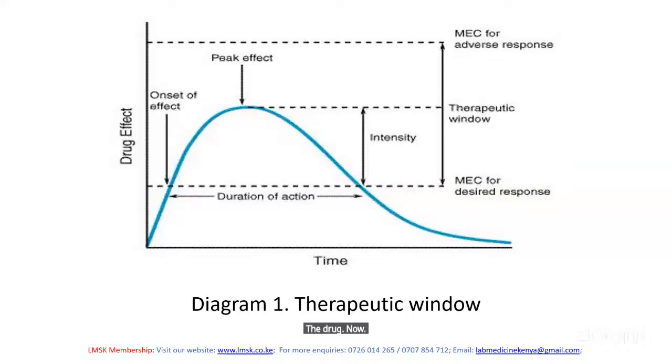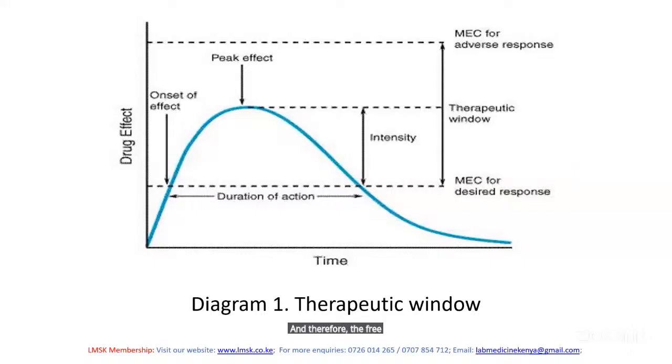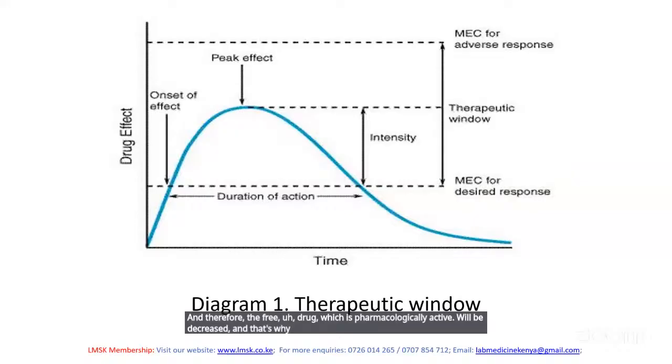Now, some drugs, for some reasons that I will share, will reach the peak effect and will even move higher, because some of them might be highly protein bound, and these dynamics might change, and the protein binding might be affected, and therefore the free drug, which is pharmacologically active, will be increased, and that's why we need to do some monitoring.